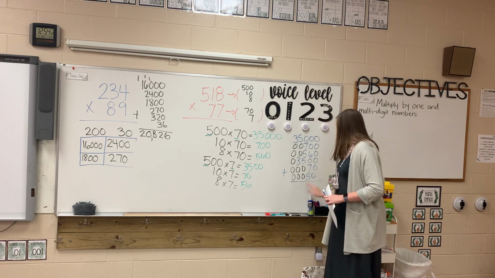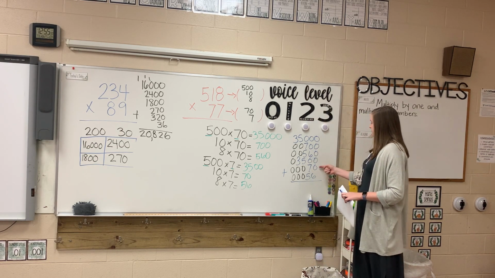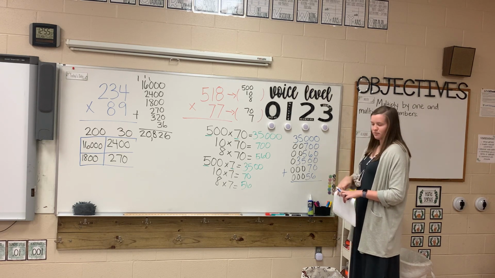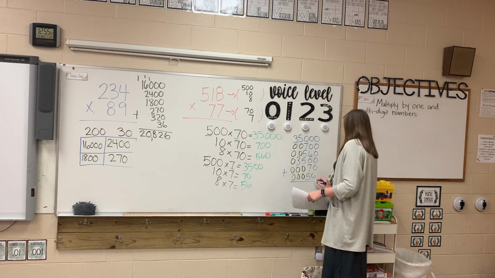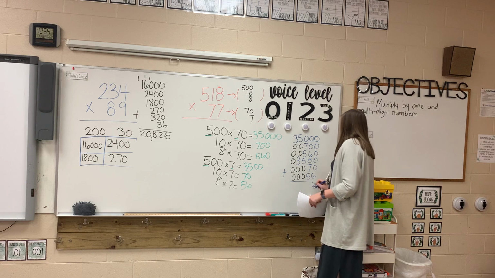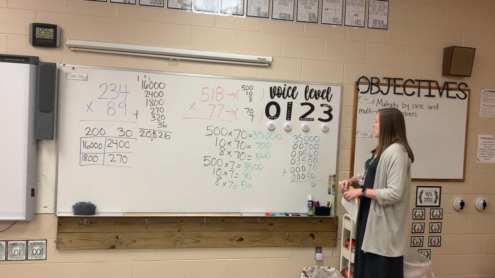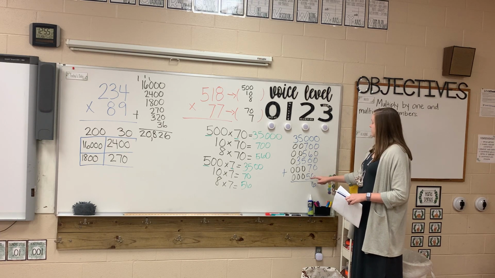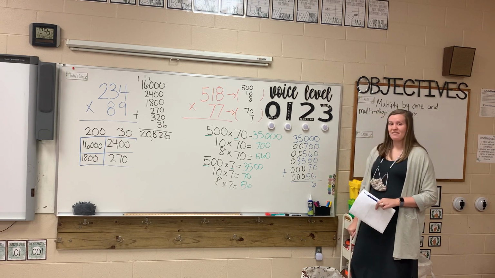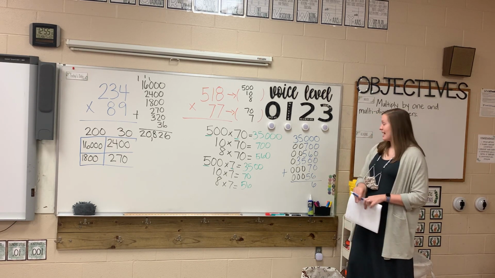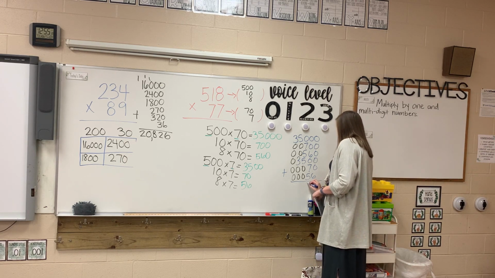So, if we start at the far right, we have 6 plus 0, 0, 0, 0, 0. What is that? Just 6. We have 6 plus 7 plus 5. Well, I know 6 plus 5 is 11, and 11 plus 7 is 18.